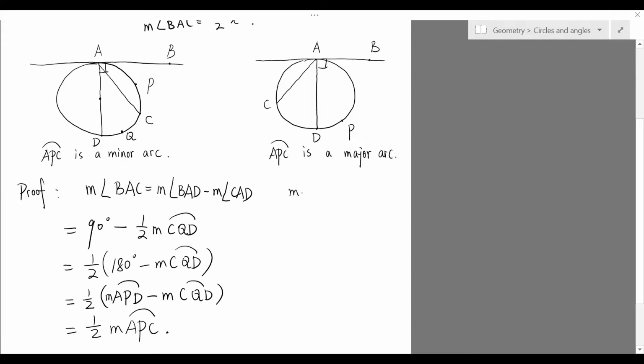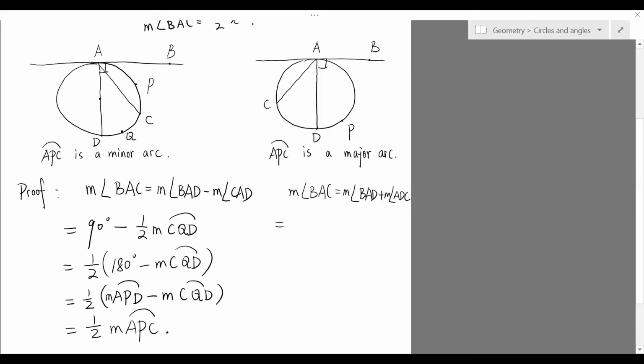However, instead of expressing the angle BAC as the difference between two angles, we're going to observe that in this case, the angle BAC is the sum of two angles, which is the angle BAD and the angle ADC.